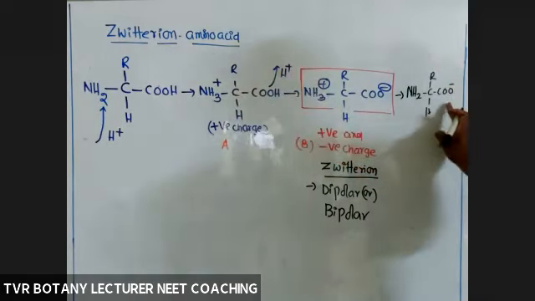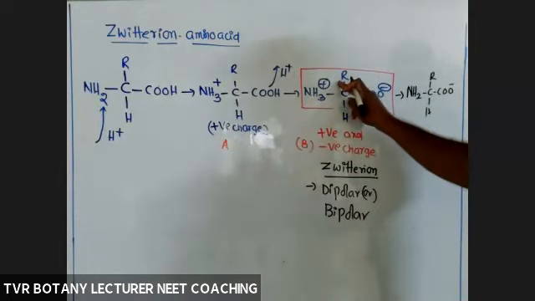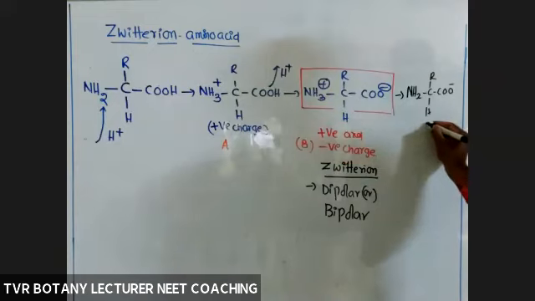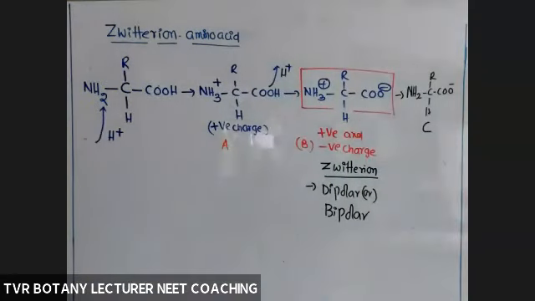Positive charge, negative charge, amino acid with positive and negative charge separately. So this one is zwitterion, A and C. These two are not zwitterions. Amino acid with both positive and negative charge is zwitterion.